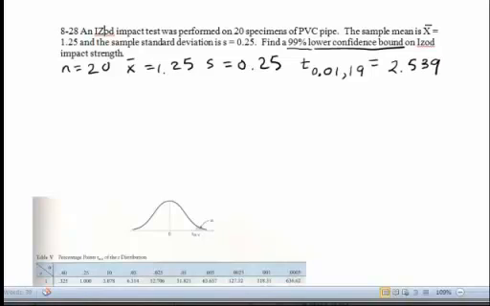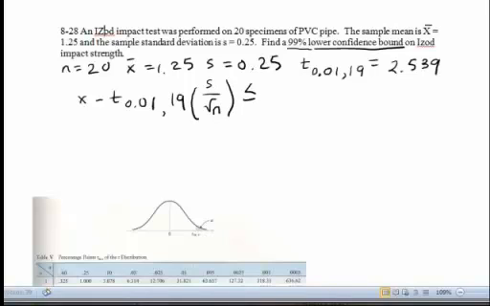Now we can say that x bar minus t of 0.01, 19, and we'll put our S over square root of n.